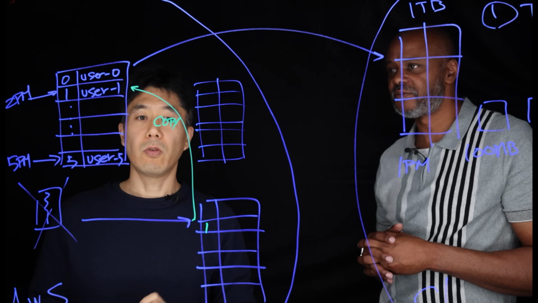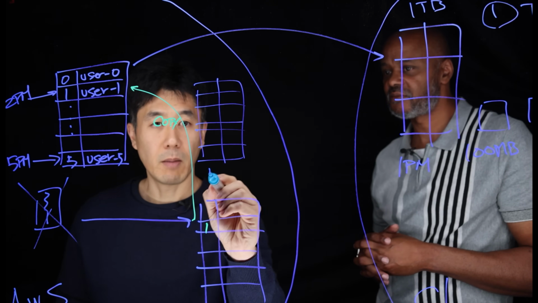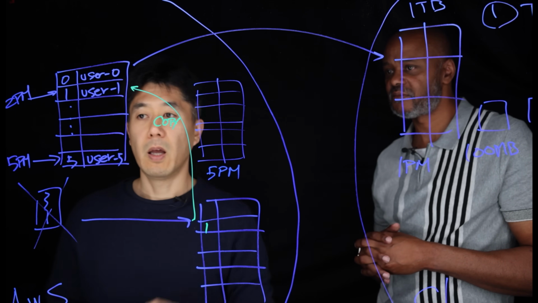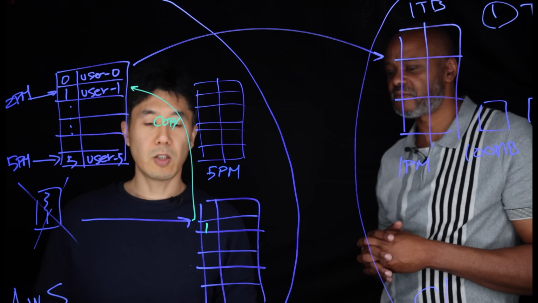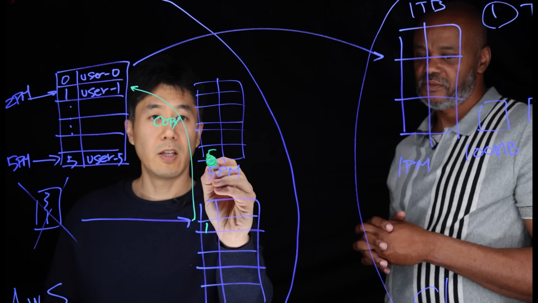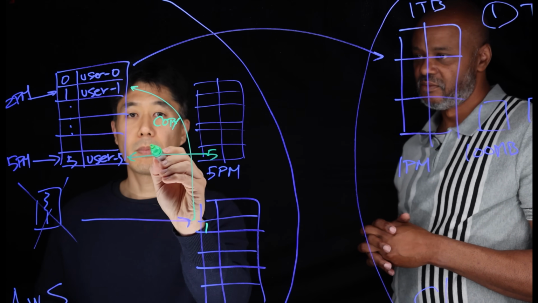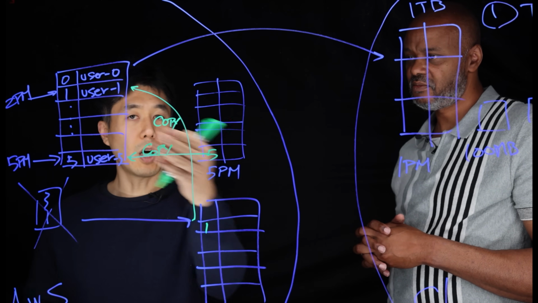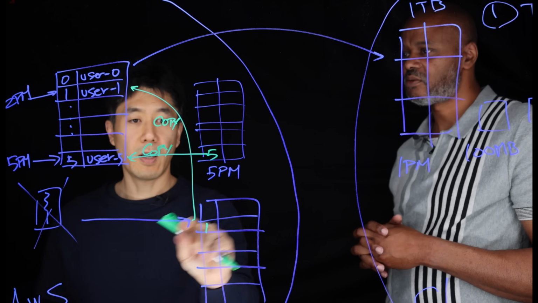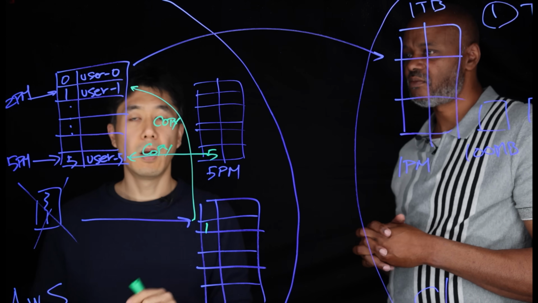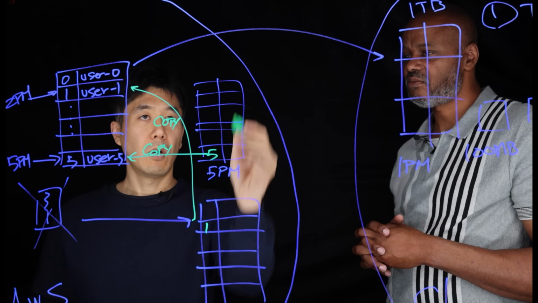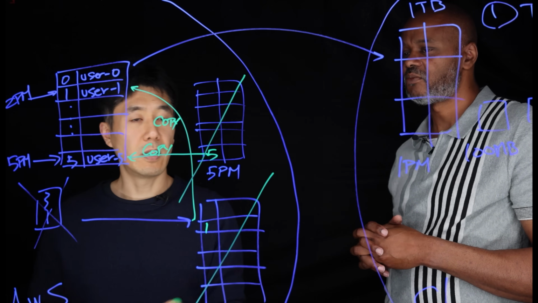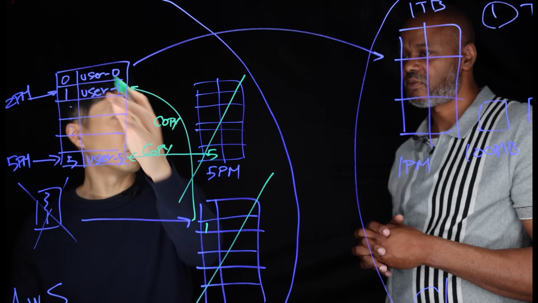So this one is at 5 p.m., and we would have to take partition 5, which is this one here, and copy it here. So 2 full restores, 2 copies. You have to cherry pick partition 5, you have to cherry pick partition 1, and once this is all done, you have to make sure to delete all of these tables. And then you are able to recover all this.